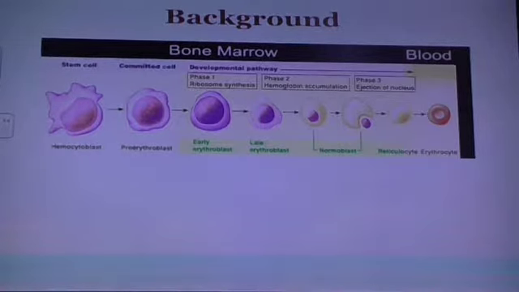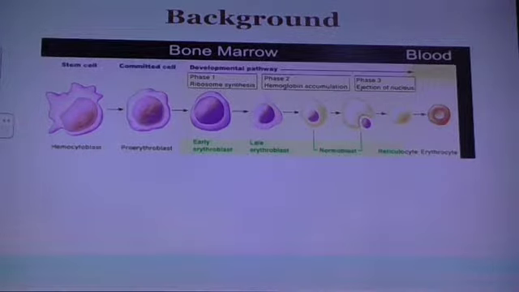This is the picture from the bone marrow, from the stem cell to the red blood cell in the system. The stem cell is in the bone marrow. They need a signal, mostly a growth factor, hemopoietin, to signal the stem cell to produce red blood cells. Once produced, they go through maturation of the red blood cell.